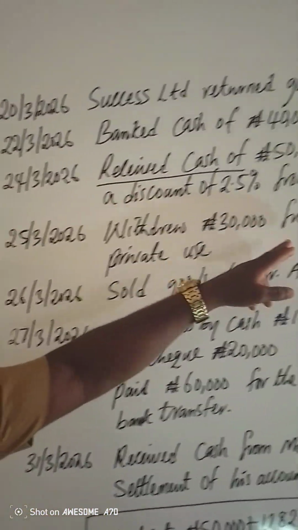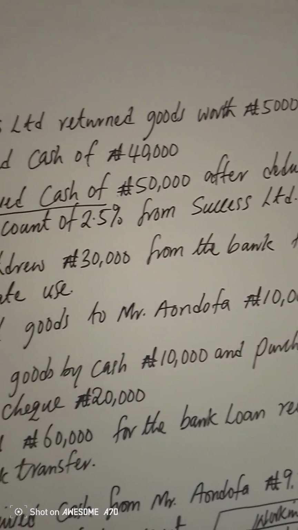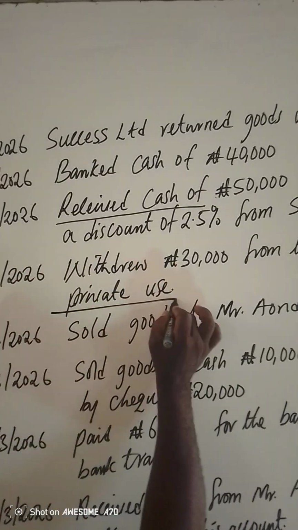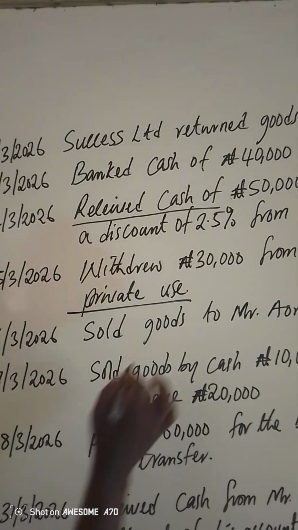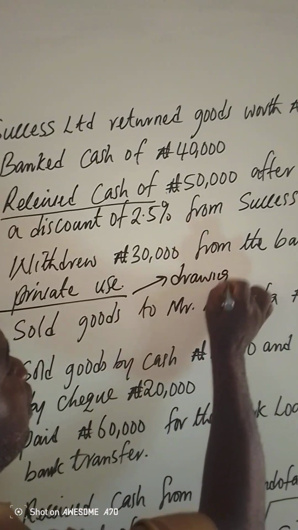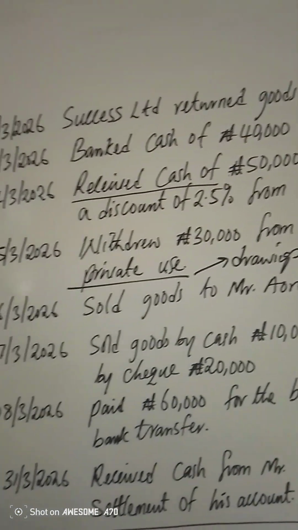Next, we now said we drew 30,000 from the bank for private use. We drew 30,000. In this case, this is drawing. Mind you, anytime you say private use or domestic use, it means drawings. Anytime the owner takes money out of the business for private use, it mustn't be stated as private use.